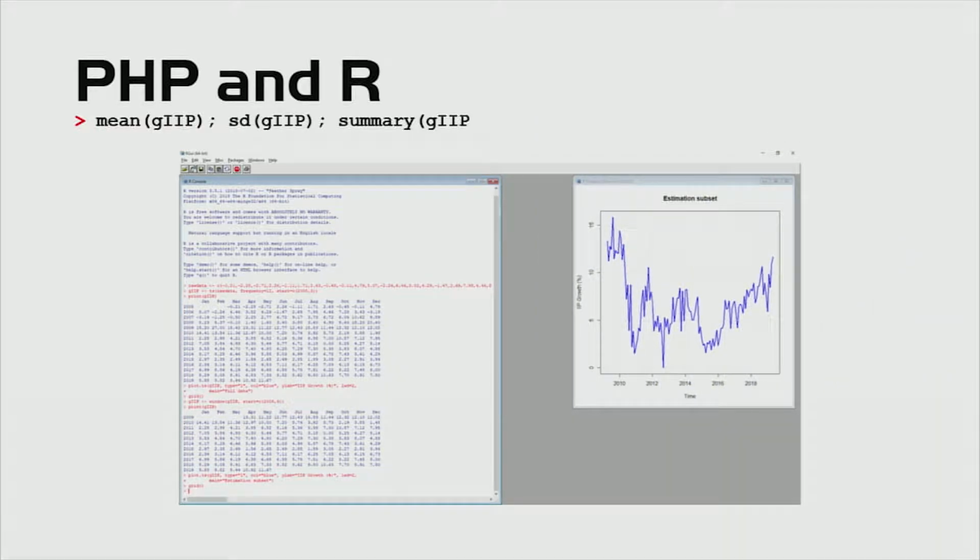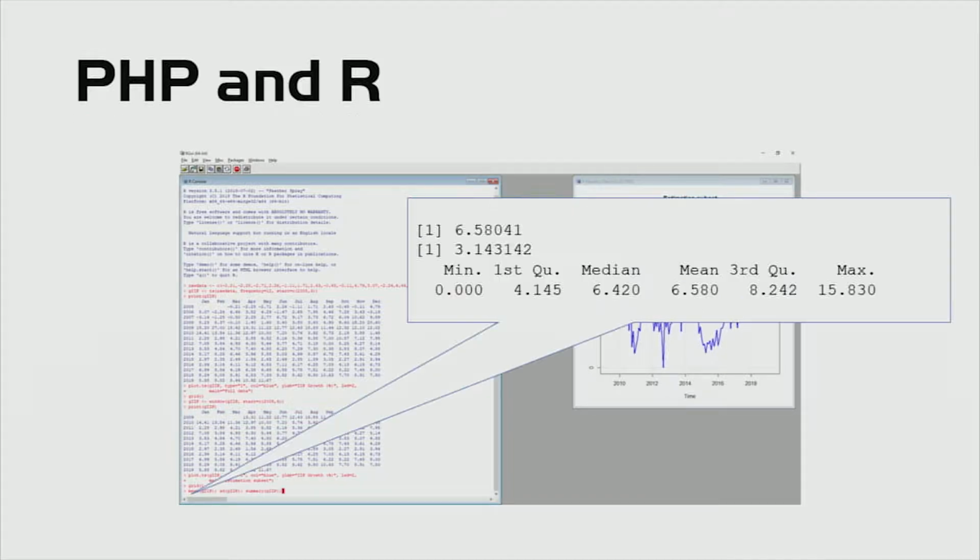Statistics. Now a lot of languages have statistical functions built in. We've got the mean. Okay, standard deviation, if you want that in PHP, you probably want PHP Statistics plugin or extension to do that, or you've got to do a lot of math yourself. Here it's a one-liner.